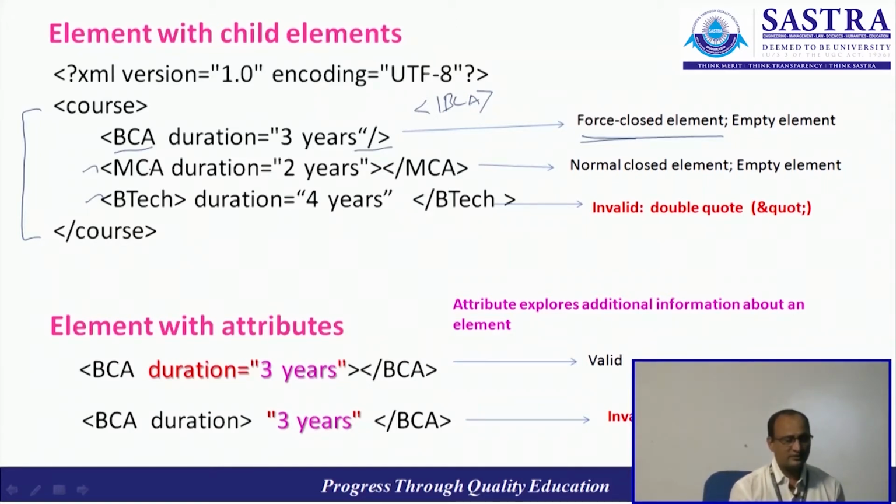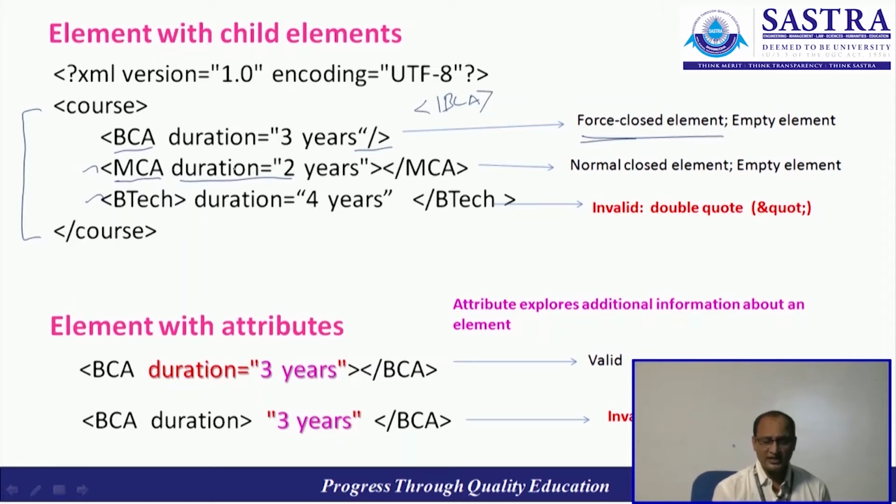Second one, MCA, and duration equal to, within double quotes, I have given 2 years. This is an element which has additional information about the MCA course, so the attribute can be used for describing the particular element, that is duration equal to 2 years.